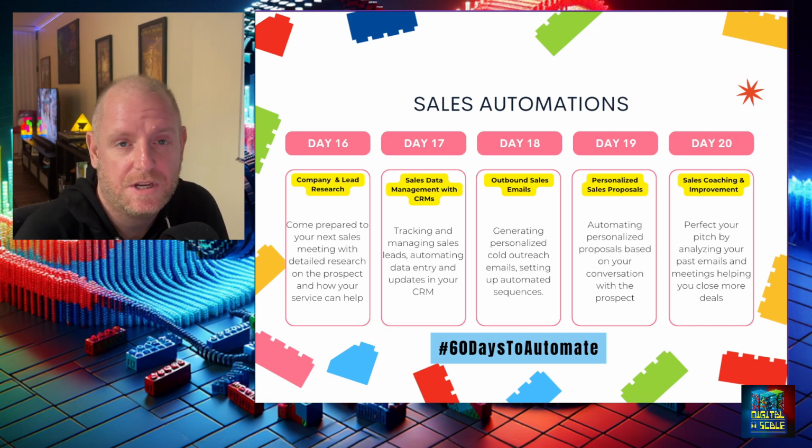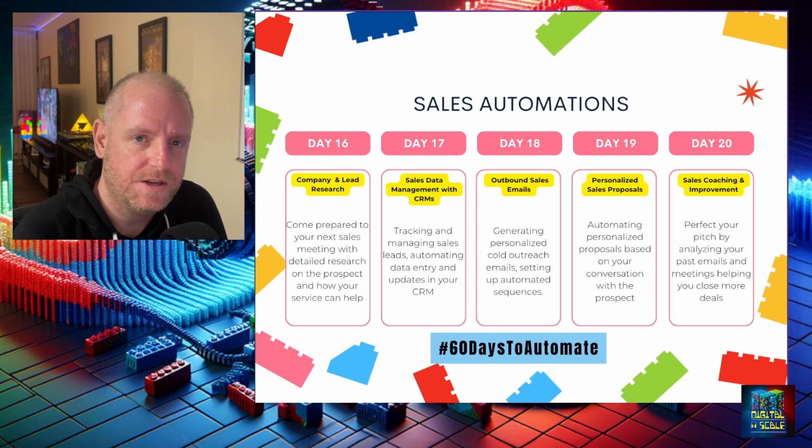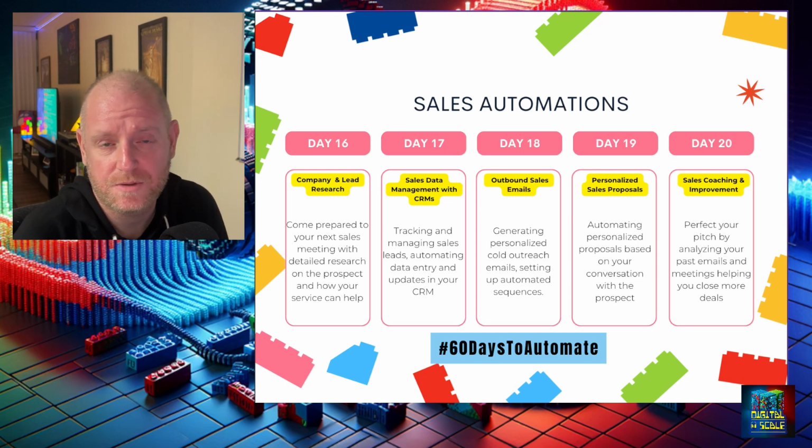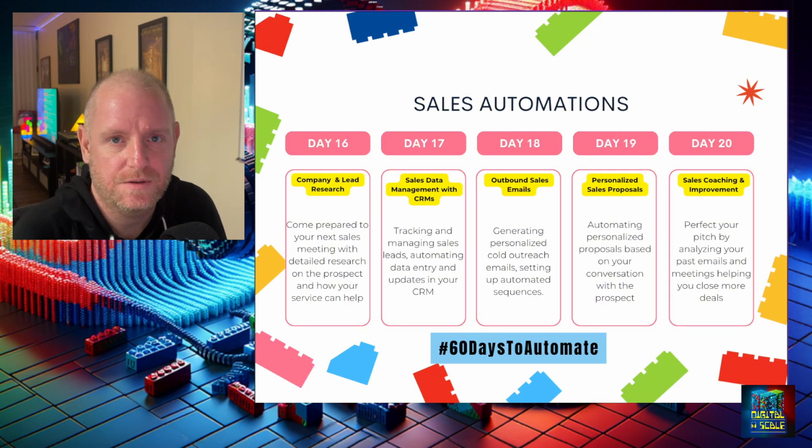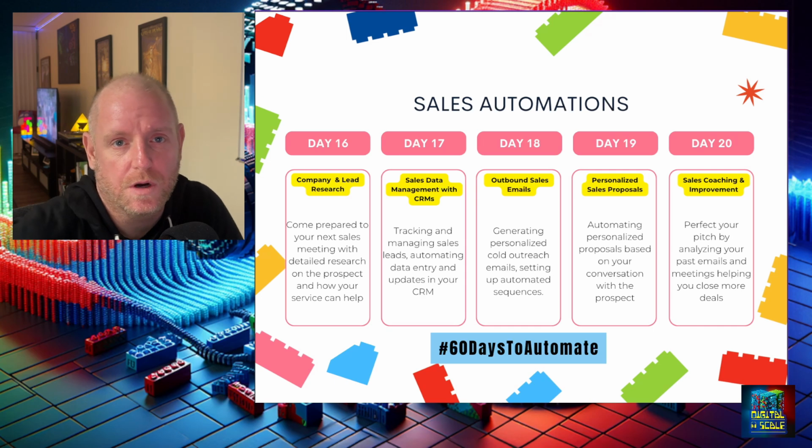And then we'll also talk about how to create great engaging outbound sales email sequences using AI. We'll also talk about how you can create personalized sales proposals where you can take the transcript of your last meeting and turn that into a sales proposal based off of your unique value selling propositions.